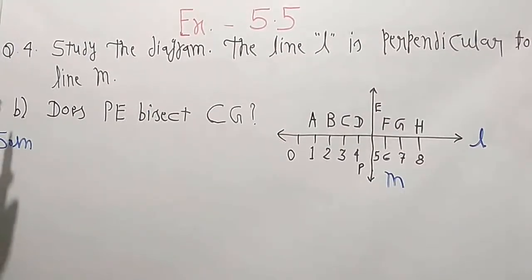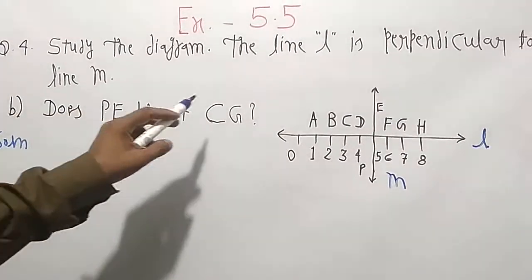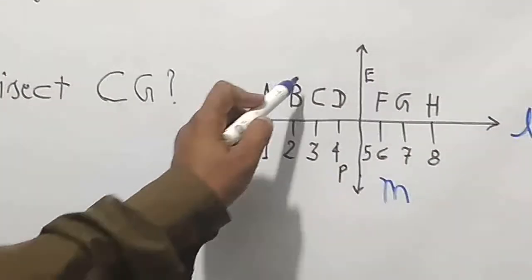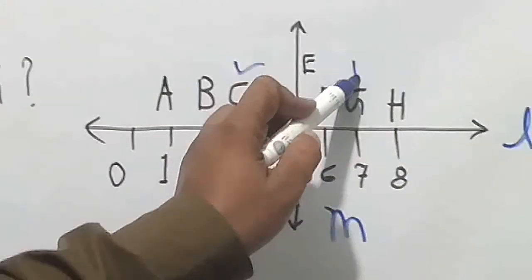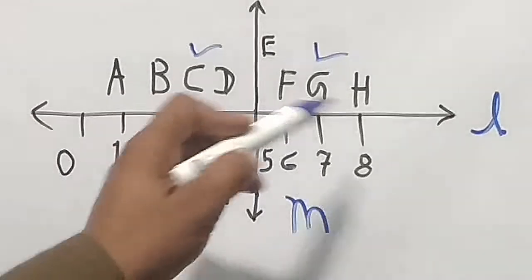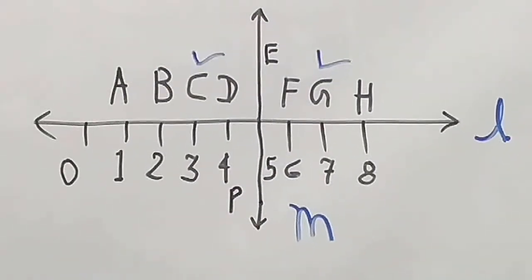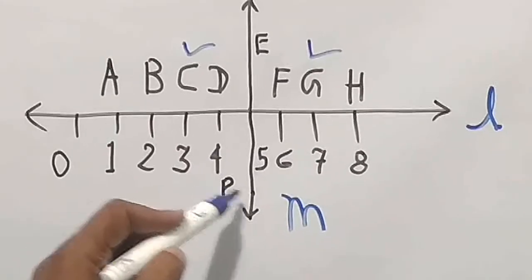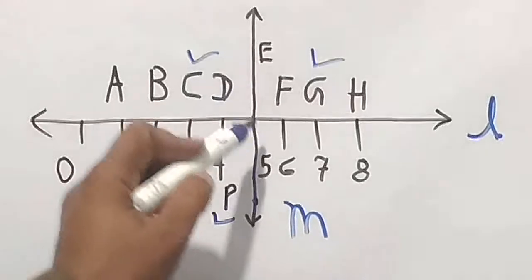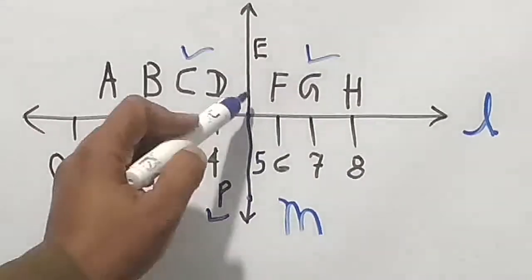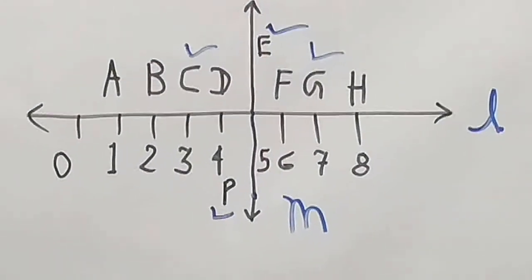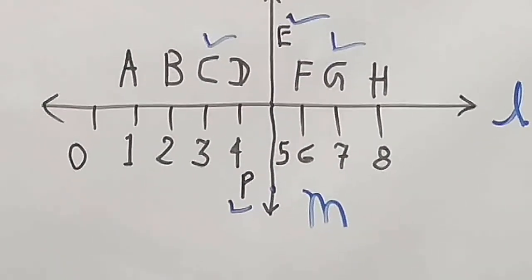Now the part B. Does PE bisect CG? So in the figure we can observe this is our C and this is our G. So it is the CG line, up to C to G, on the L line, and PE is where? This is point P, and this is E. Suppose we draw this figure individually.